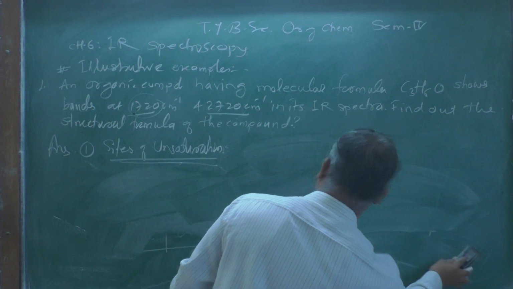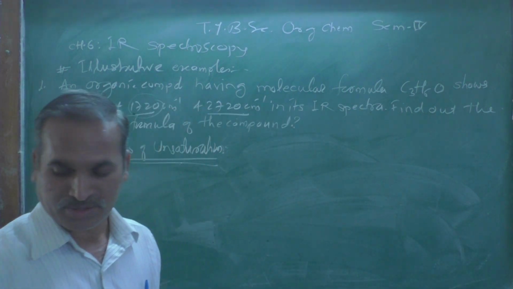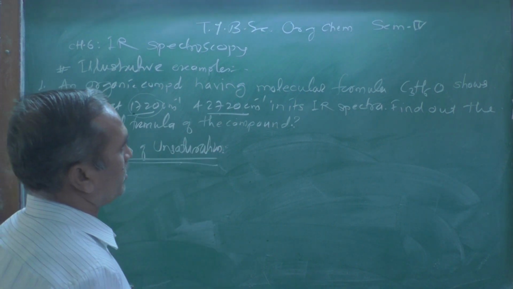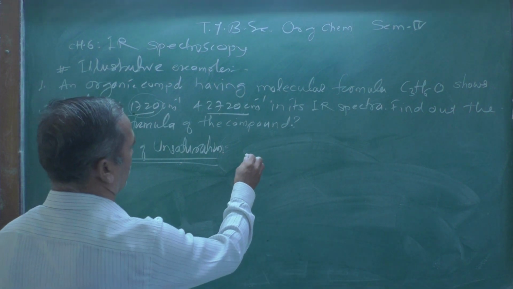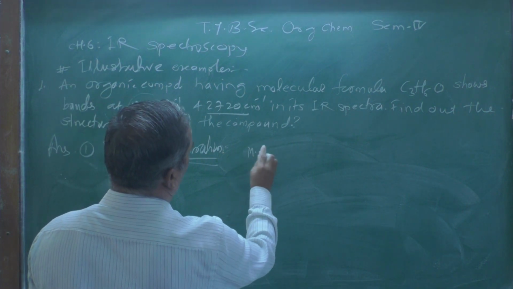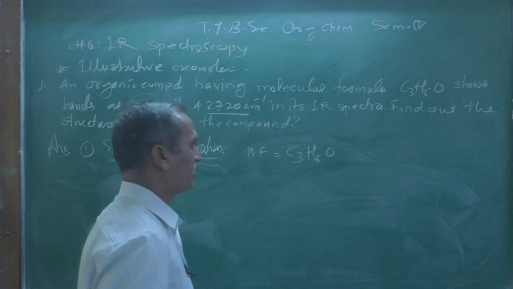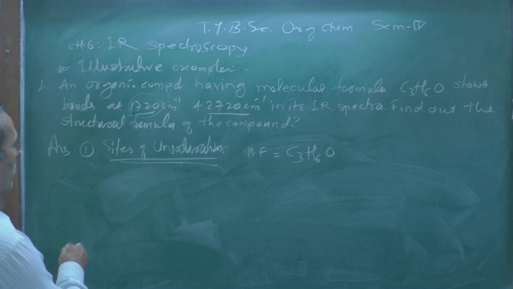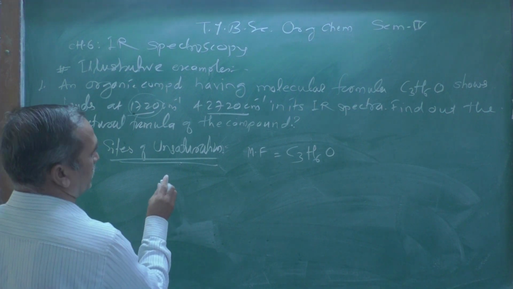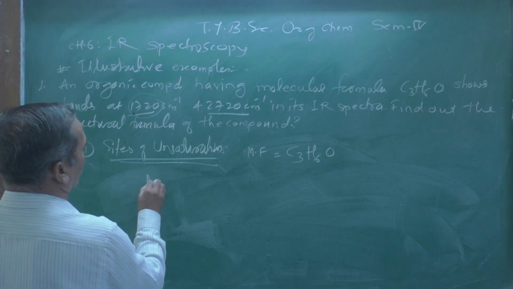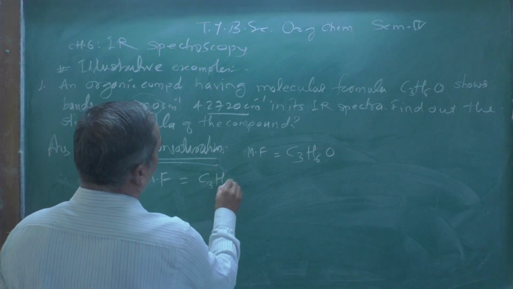Now, while calculating the site of unsaturation, remember according to the first rule, the molecular formula is given: C3H6O, right? According to the first point, neglect the oxygen atom, so the molecular formula becomes C3H6.